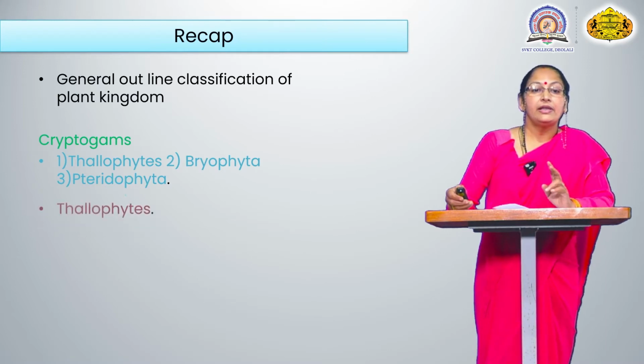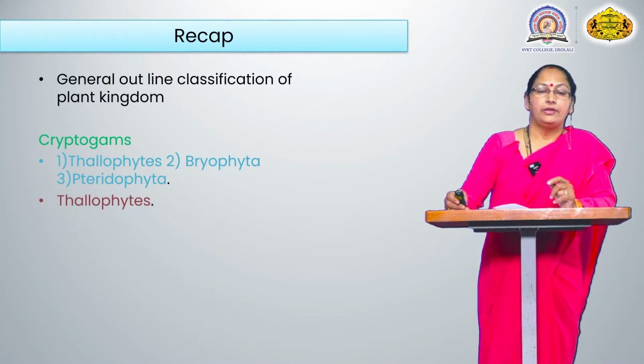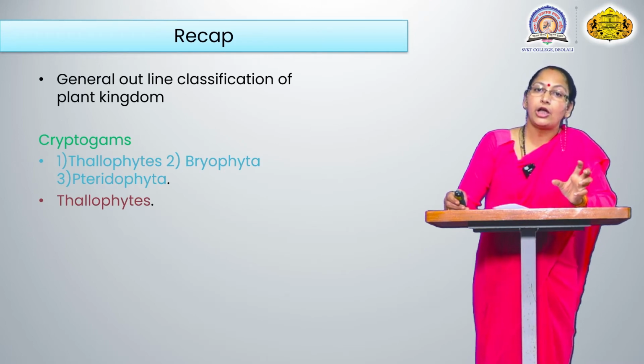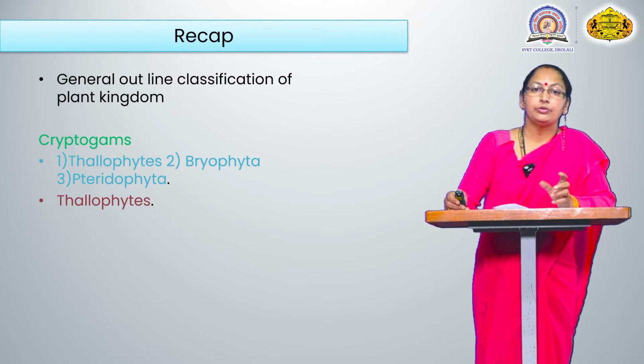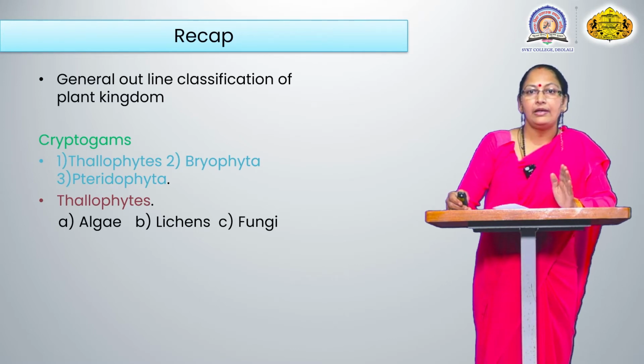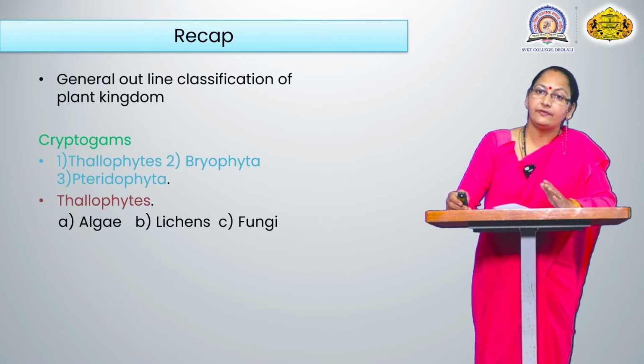Okay, next the Thallophyta. Thallo means the plant body is thalloid in nature. It is not differentiated into leaves, stem and roots. That's why it is called thallophytes, and these thallophytes are divided into three classes: first algae, lichen, and then fungi.